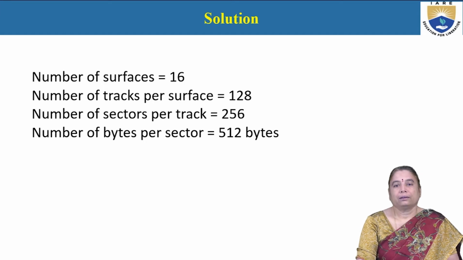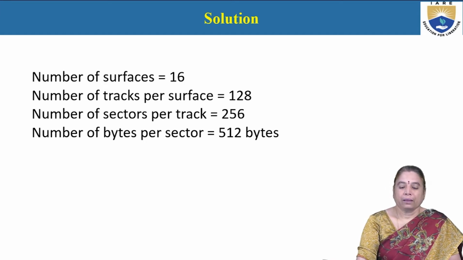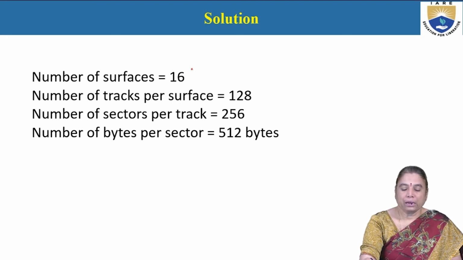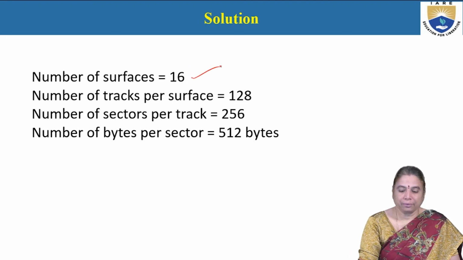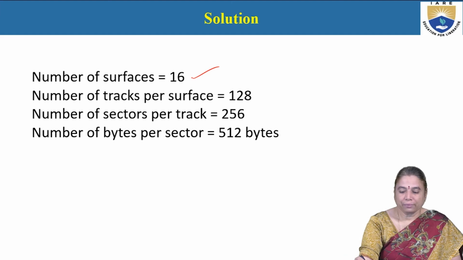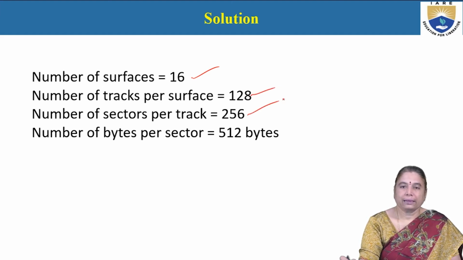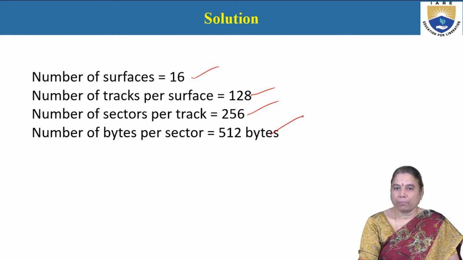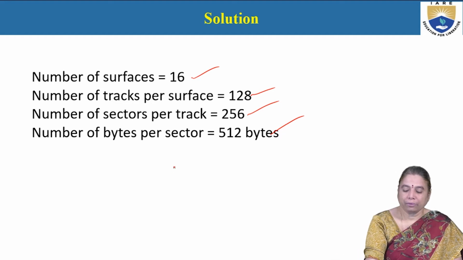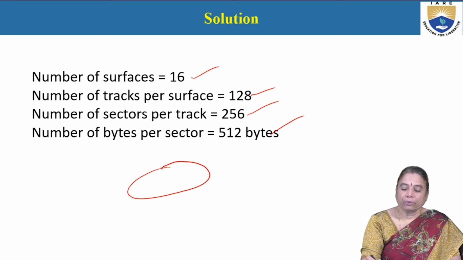The data given in the problem is, a disk pack with total number of surfaces 16, number of tracks per surface 128, number of sectors per track 256, and number of bytes per sector 512 bytes. Generally the disk has surfaces.